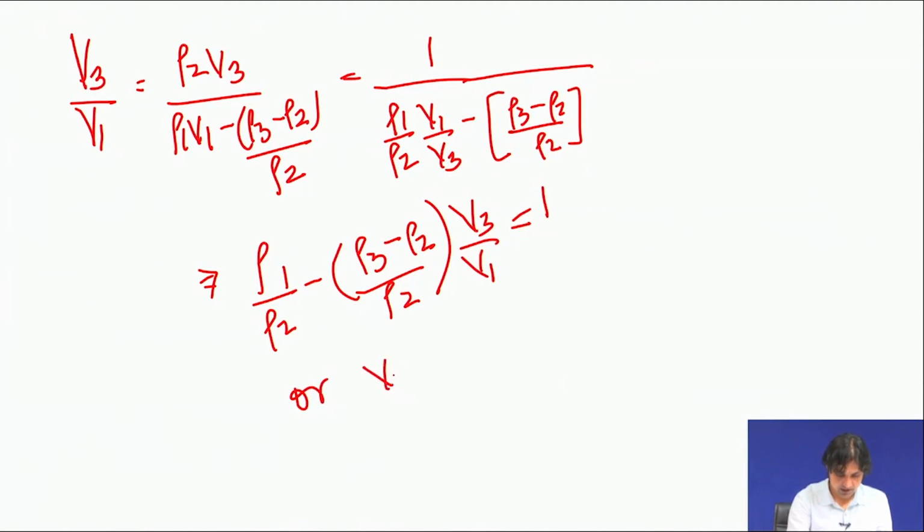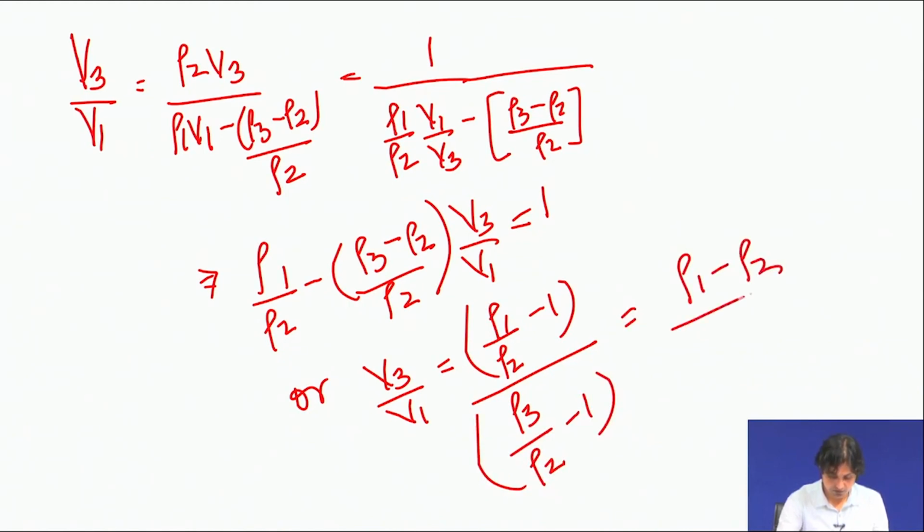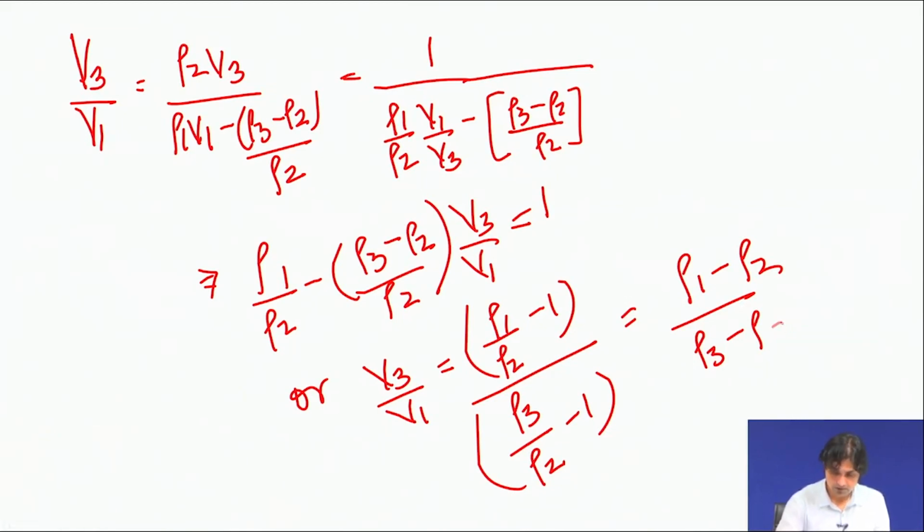Or you simplify, then V3 by V1 comes out to be rho 1 by rho 2 minus 1, divided by rho 3 minus rho 2 minus 1, or rho 1 minus rho 2 divided by rho 3 minus rho 2. And this was what was asked in the derivation.